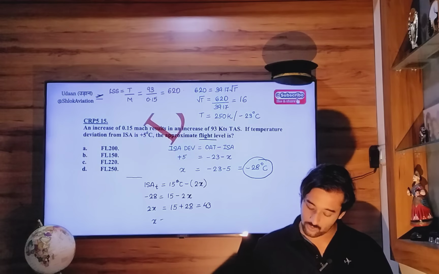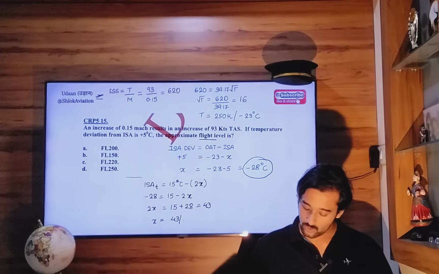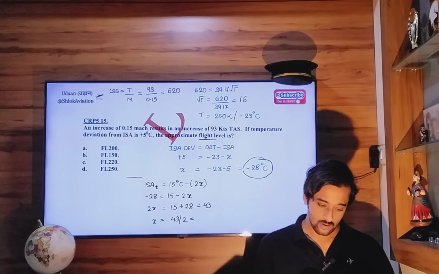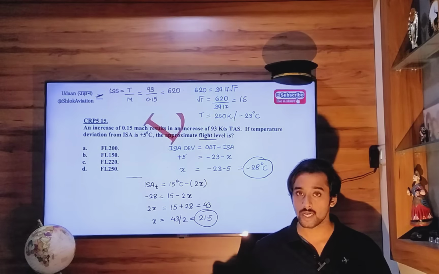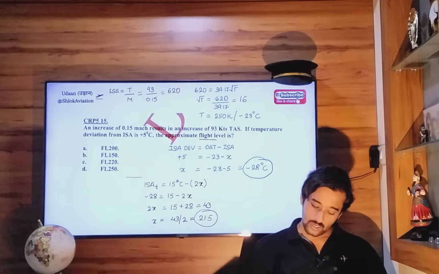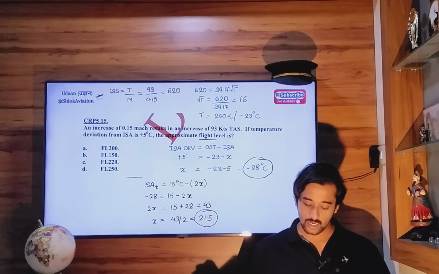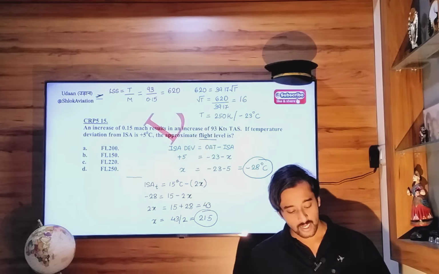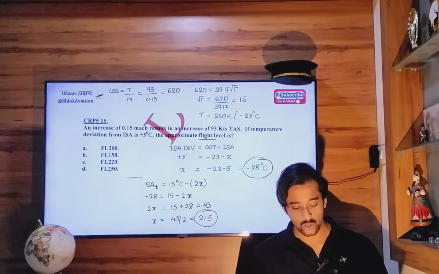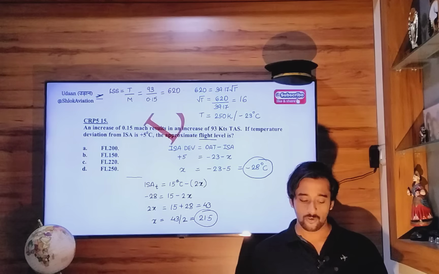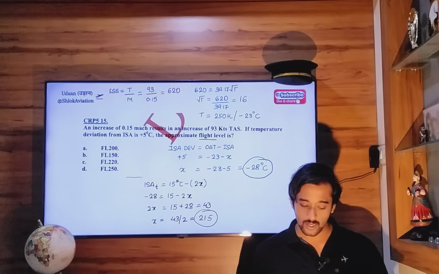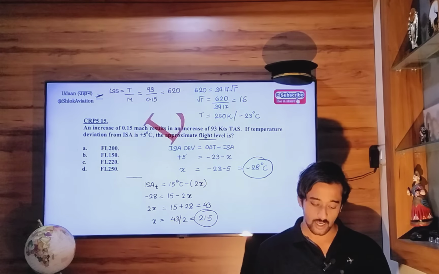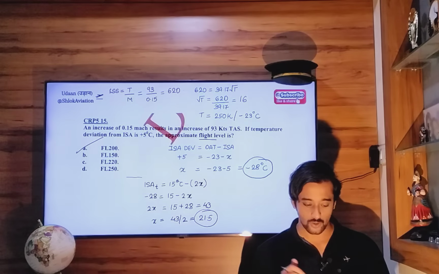So x equals 43 divided by 2, 21.5, that is 21,500 feet. So 21,500 feet. Flight level 200, flight level 150, flight level 220, flight level 250. So it should be between option Alpha and Charlie. Select option Alpha, flight level 200.